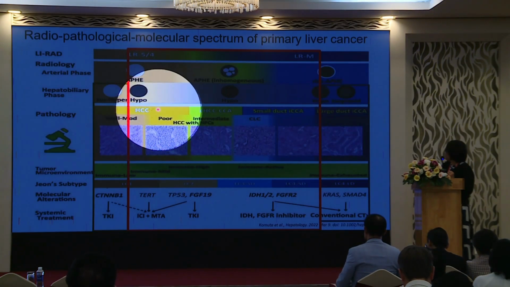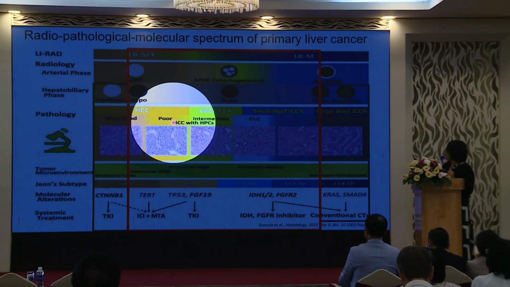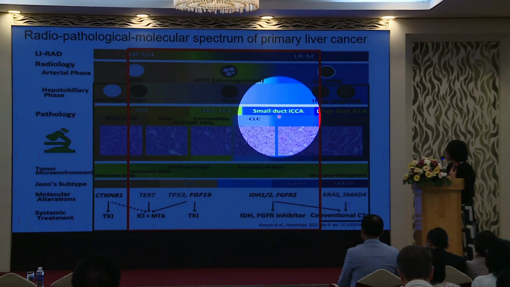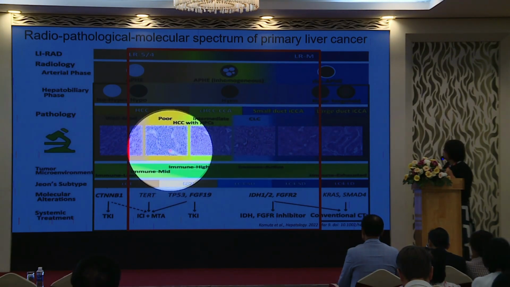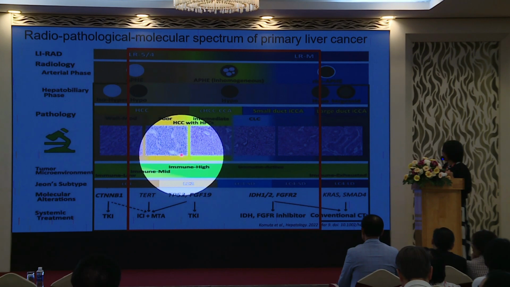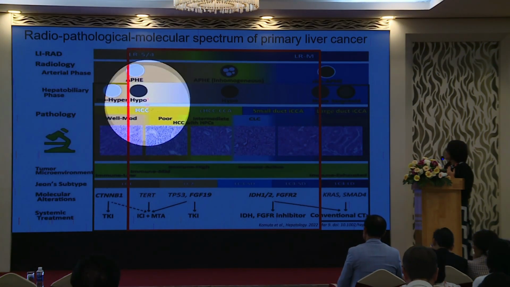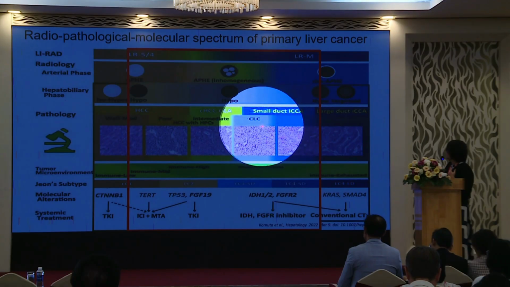However, in the middle, the poorly differentiated HCC, combined HCC and CCA, and small duct-type ICCA show histological diversity and continuity. And imaging also reflects this heterogeneity of the pathology.